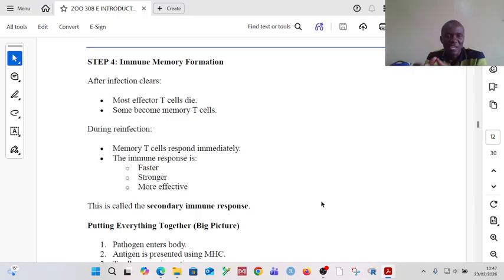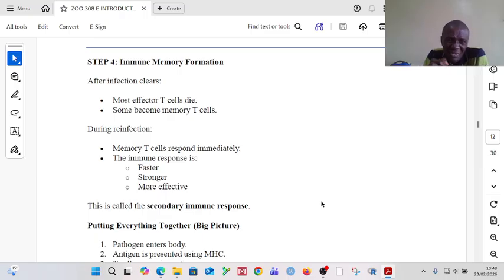So because of that, the immune response for the second infection will be faster, stronger, and more effective, okay? This immune response that has been brought about by the memory T cells is what we call the secondary immune response.